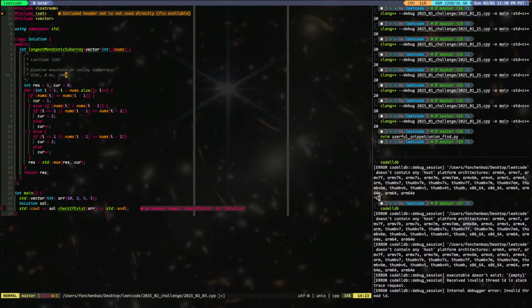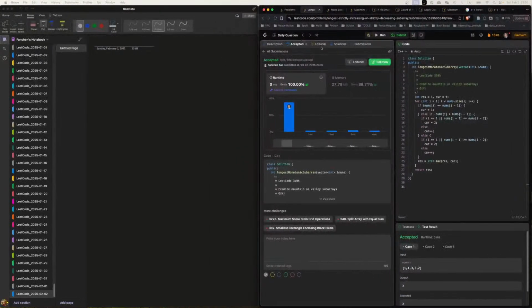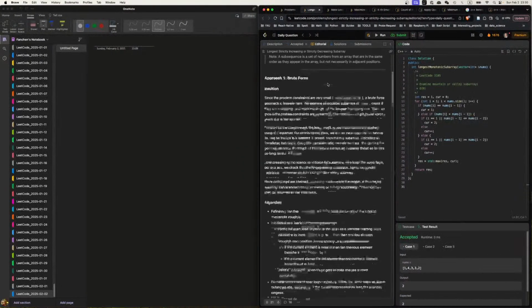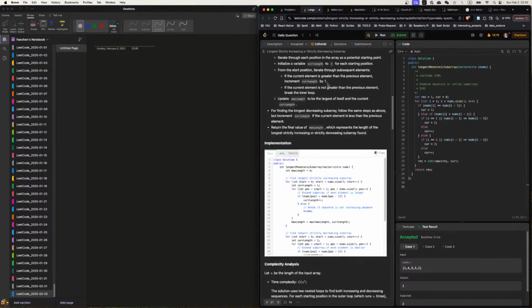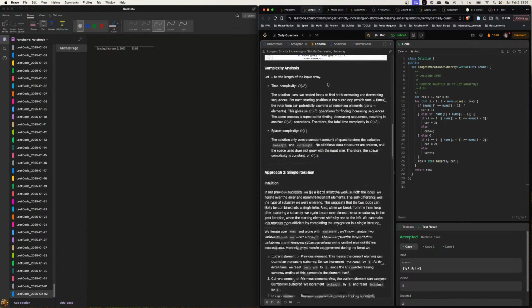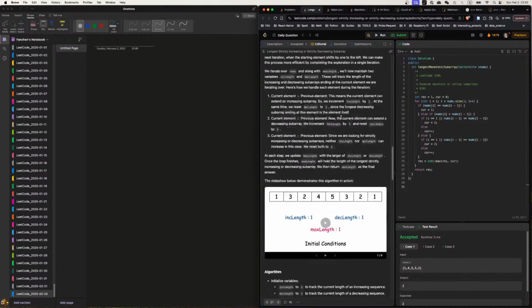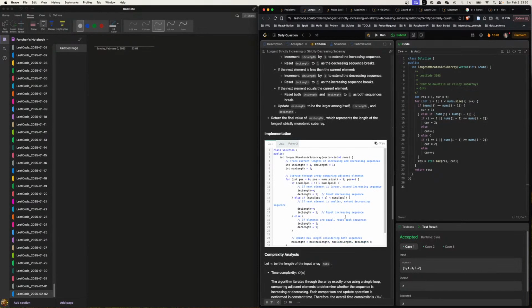All right, so any other ideas here? Brute force. Single iteration. Okay, increase length, decrease length, and max length.